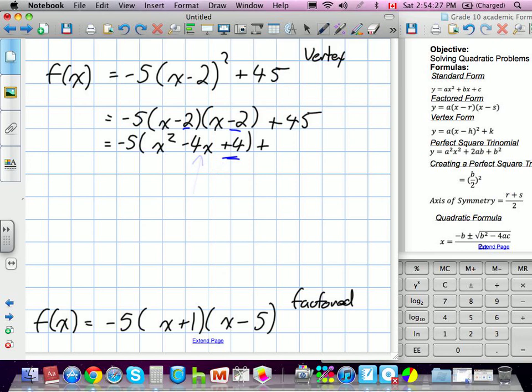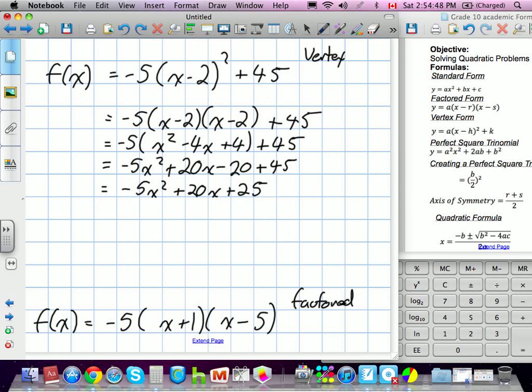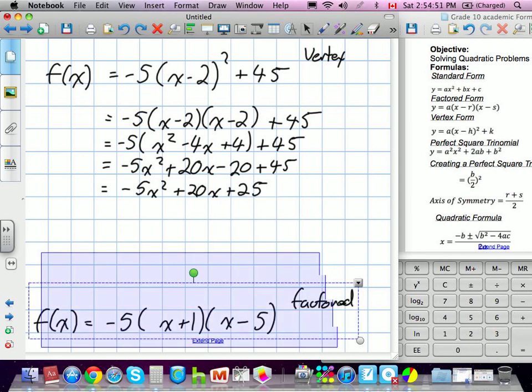Plus 45. Then I multiply that 5 into everything. So I get negative 5x squared plus 20x minus 20 plus 45, which gives me negative 5x squared plus 20x plus 25, which is exactly what we had started with when we were in our standard form.